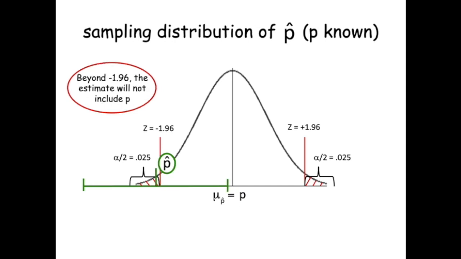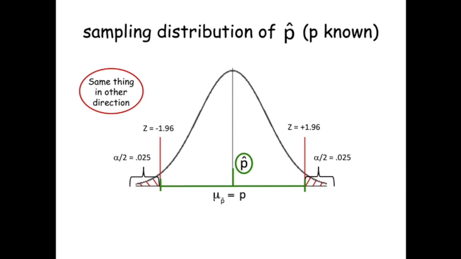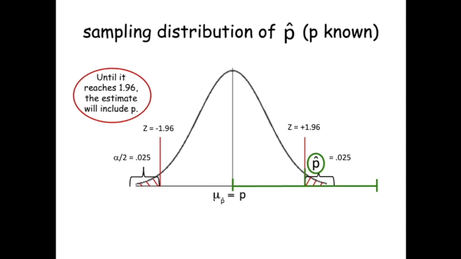But once p hat goes beyond this point, the interval will no longer contain the parameter. The same thing happens in the other direction. If we shift to the right, the interval continues to include the parameter until it reaches the equivalent of a z-value of 1.96, when the lower edge of the interval is exactly equal to p.